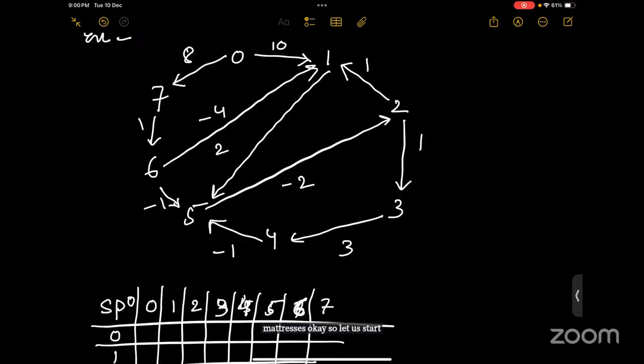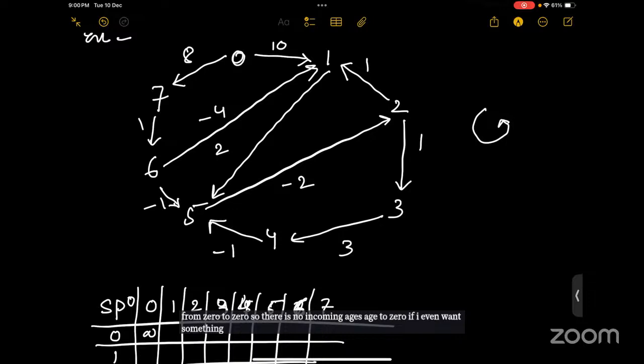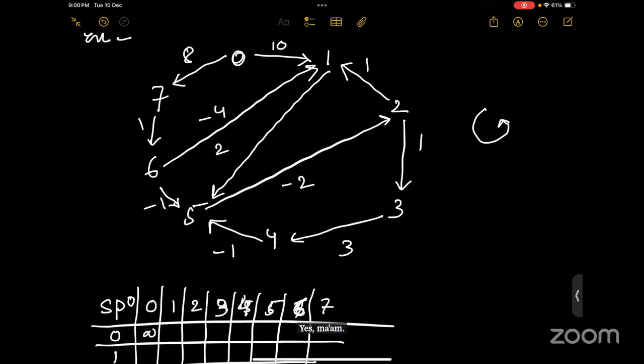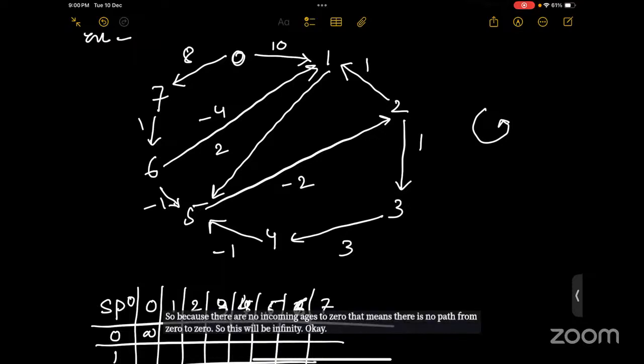So what will be 0, 0? Infinity, right? There are no edges from 0 to 0. There is no incoming edge to 0. If I even want something to come to 0, there should be some incoming edges to 0, right? Yes, ma'am. Because there are no incoming edges to 0, there is no path from 0 to 0. So this will be infinity. Okay. 0, 1.